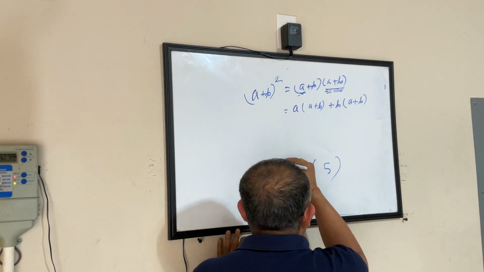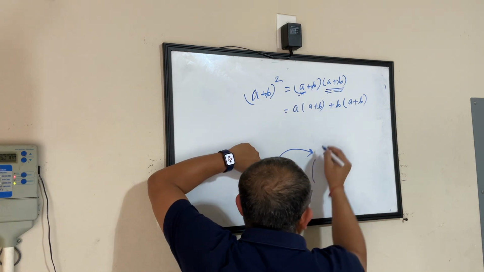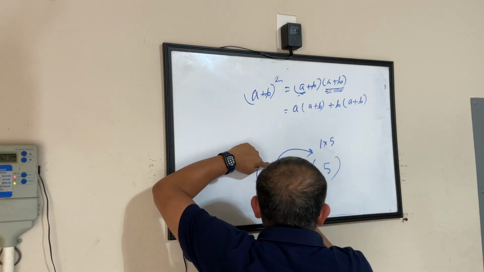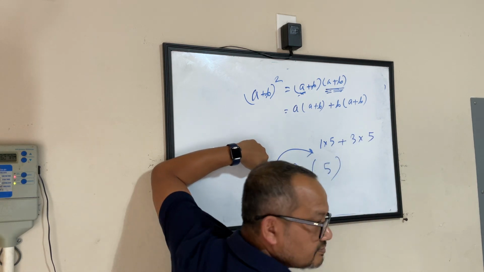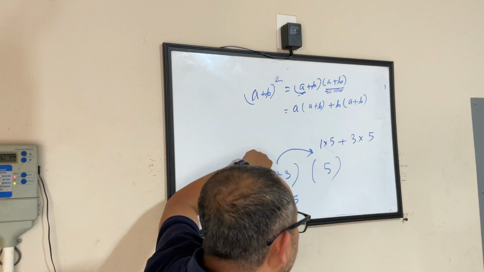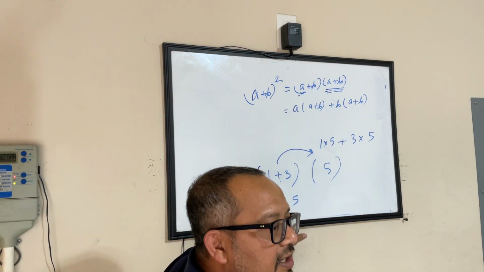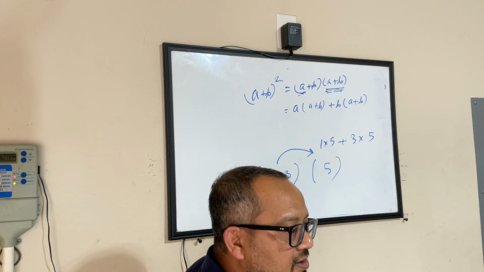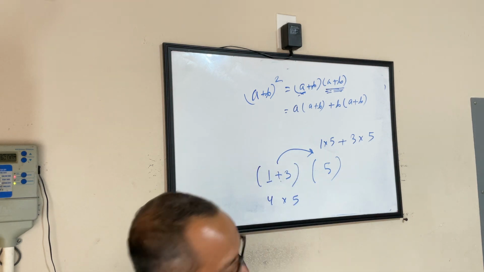Or I will say, no, I have a lot of time to waste. What I will do is 1 into 5 plus 3 into 5. This becomes 5 plus 15, 20. Same value. You're just splitting the first bracket.